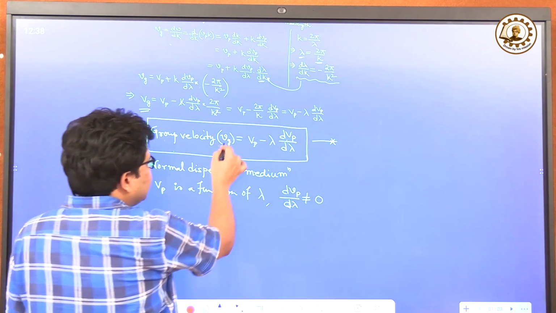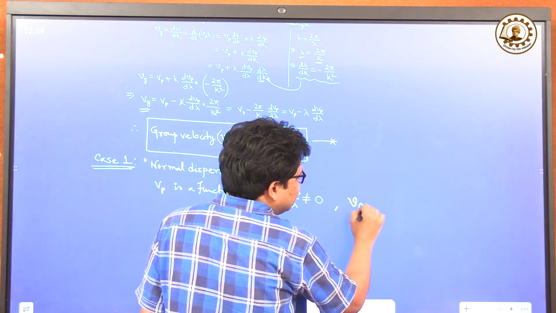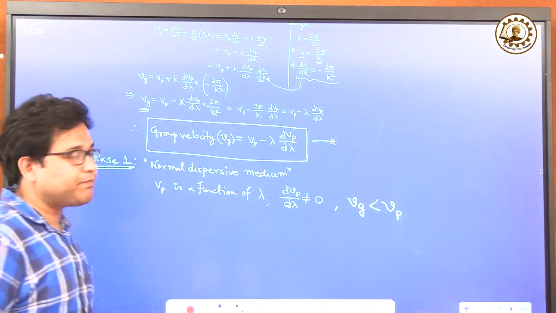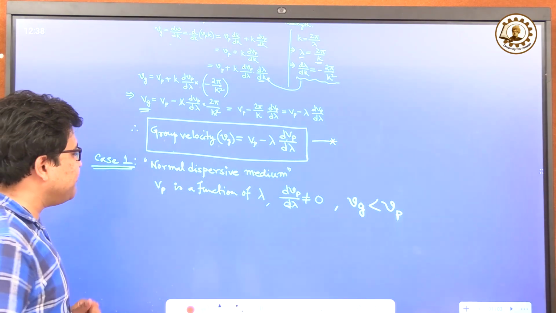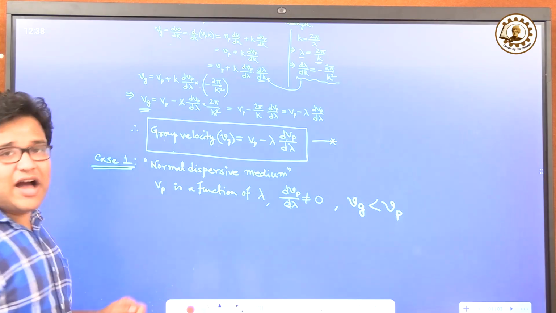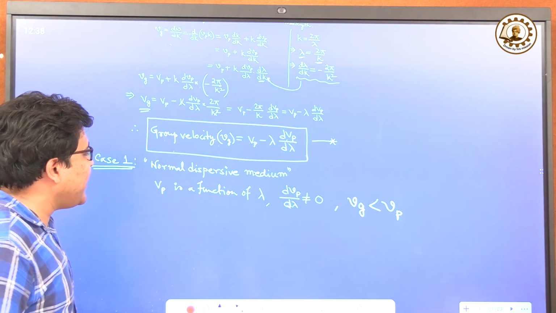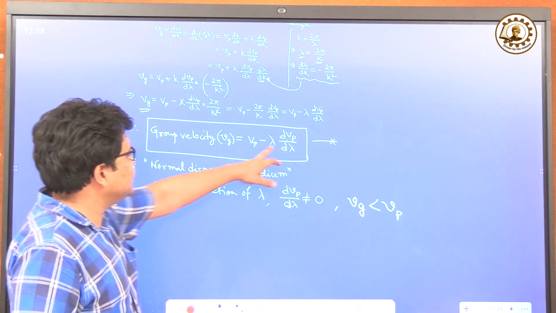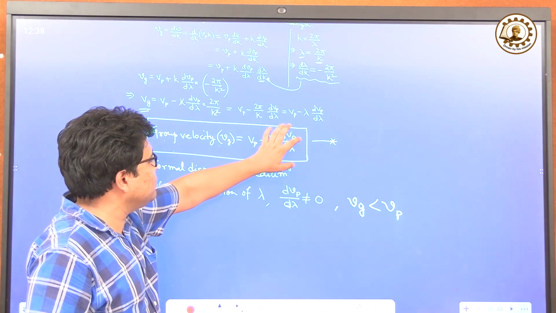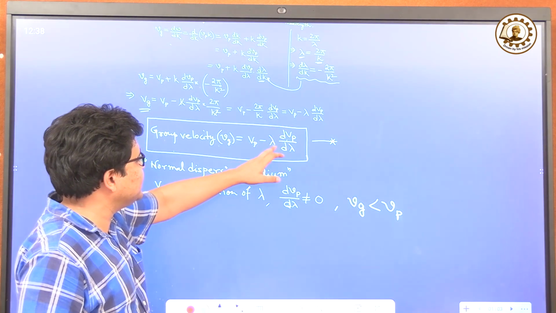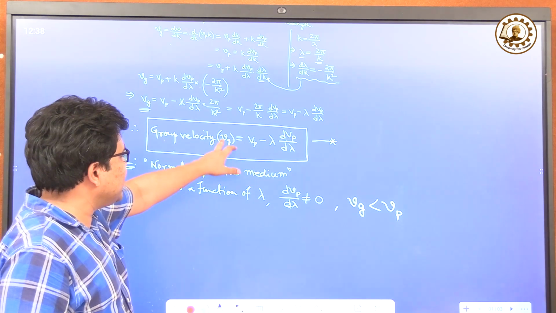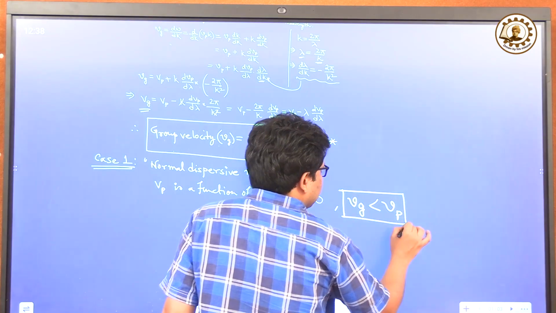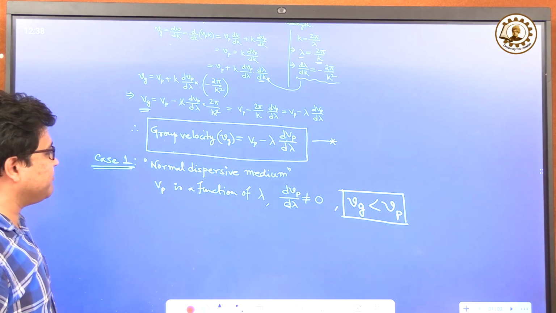So we can conclude that Vg, that means group velocity, is less than Vp, that means phase velocity. So it is true for a normal dispersive medium.